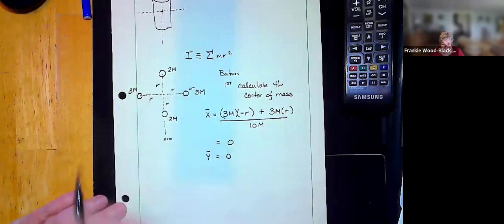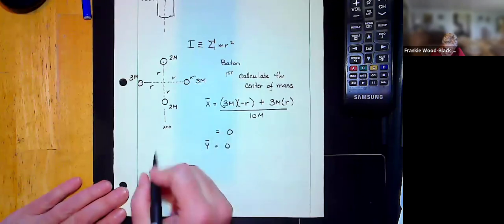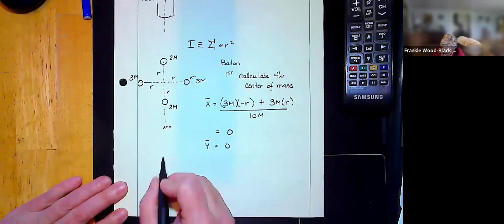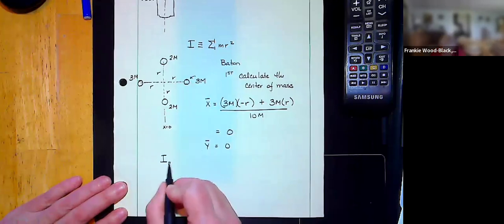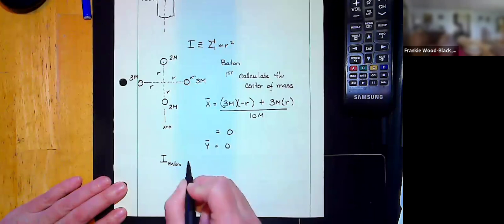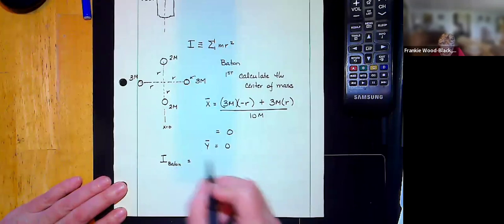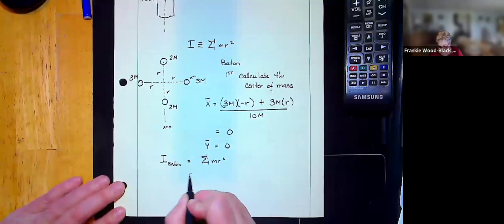But if I'm going to spin this object, things are going to be a little different. The moment of inertia for the baton is going to be the sum of all the little moments of inertia.